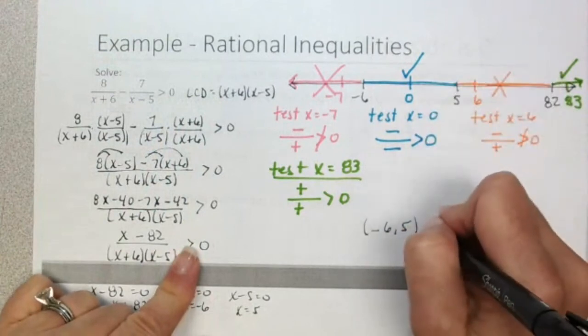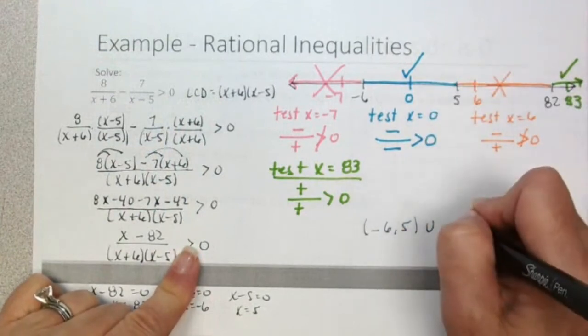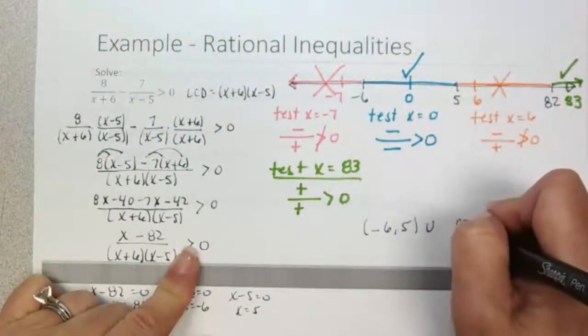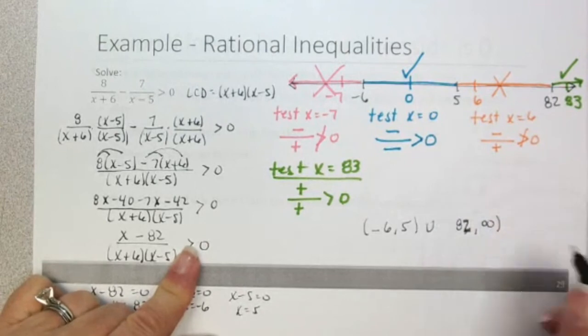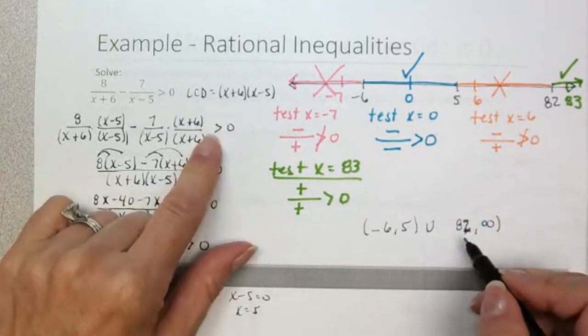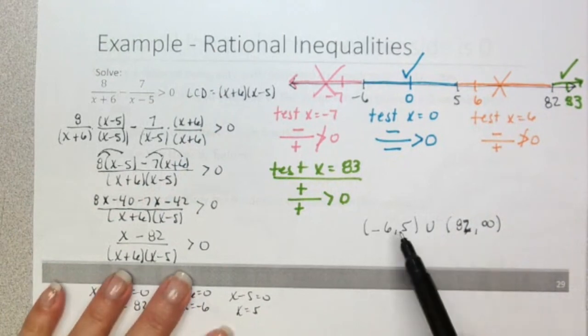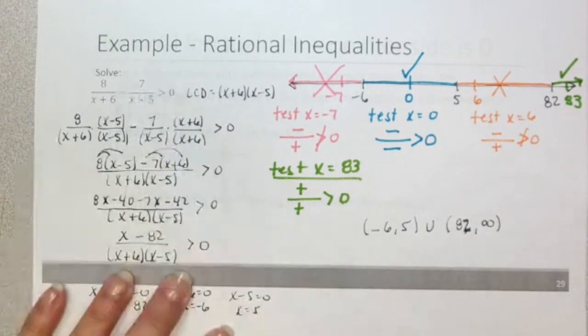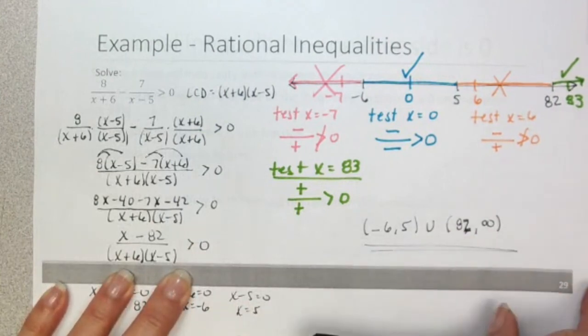The first interval in union with my second interval, which is everything greater than 82, 82 to infinity. Never reach infinity, so it gets a parenthesis. Again, not or equal to, so I want a parenthesis by the 82. Okay, any values in these intervals will satisfy this inequality.